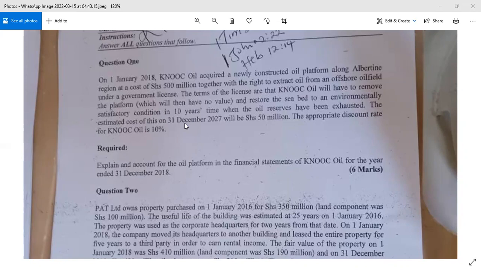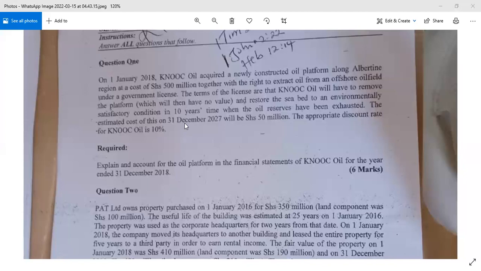They want the books at 2018, right? So here it says on 1st January 2018, this company acquired a newly constructed oil platform along Albertine region at a cost of 500 million, together with the right to extract oil from an offshore oil field under a government lease.